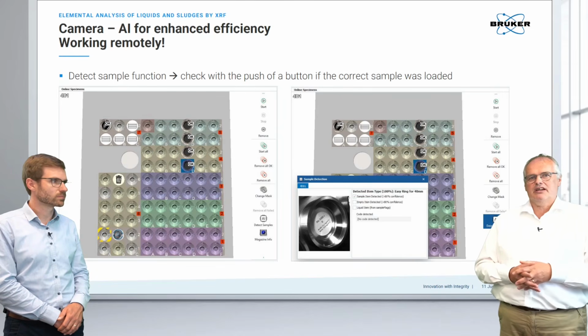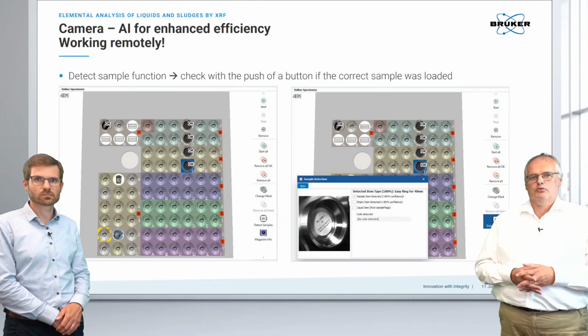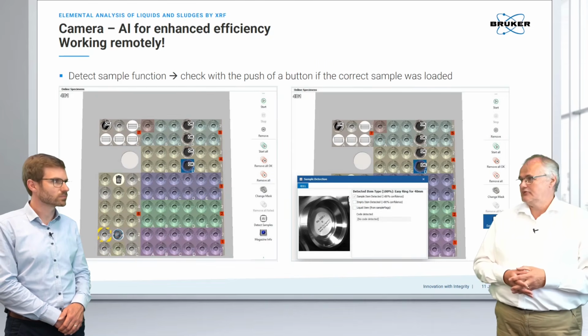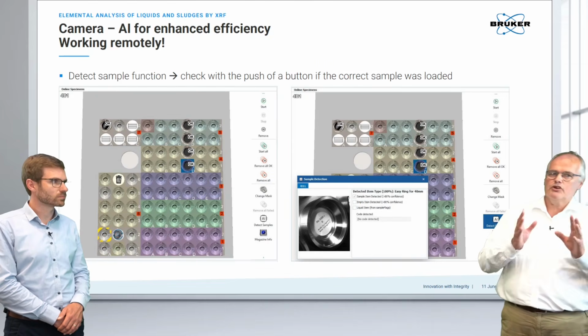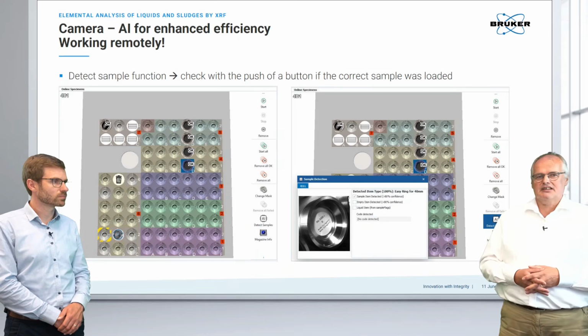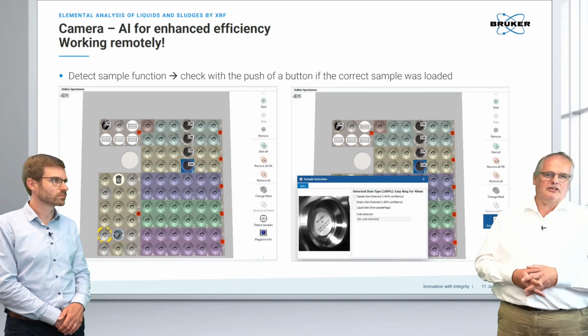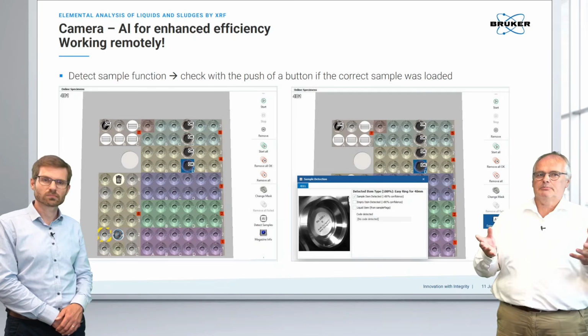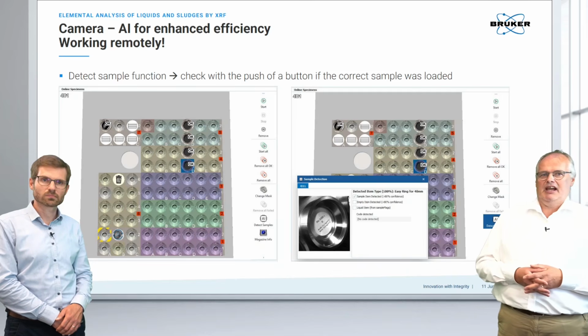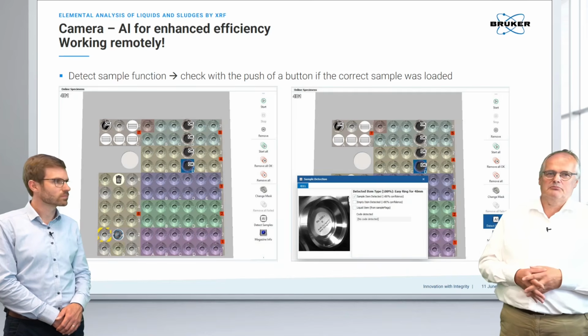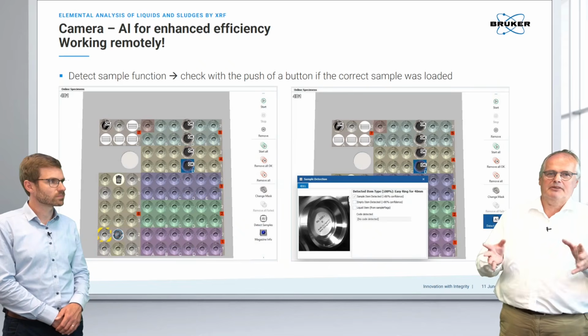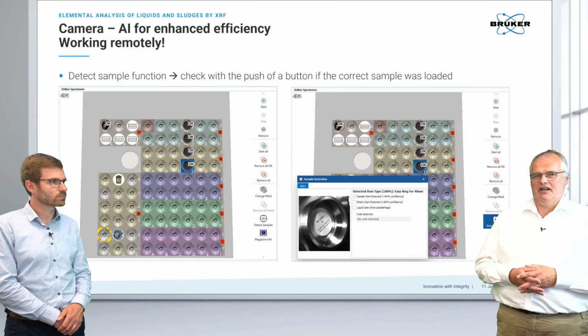The camera in the grabber actually works with AI and automatically recognizes samples, so it will know exactly that's a liquid sample, vacuum mode is not allowed. Or it can read barcodes automatically, and you get rid of mixing up samples by typing in a wrong ID.